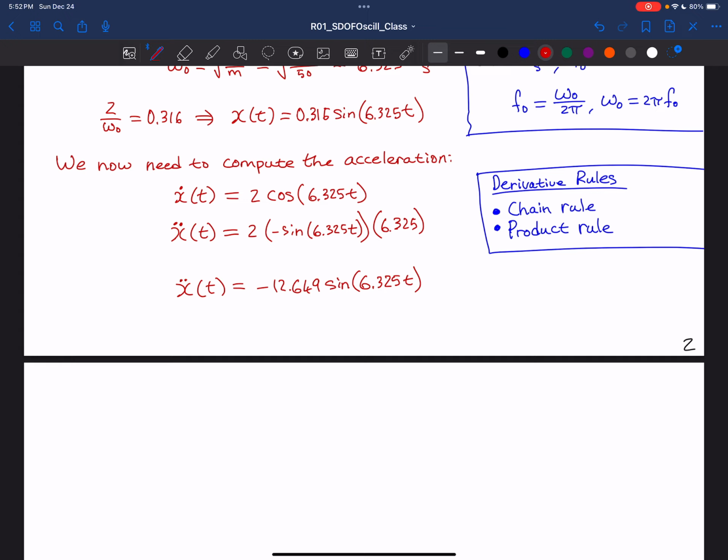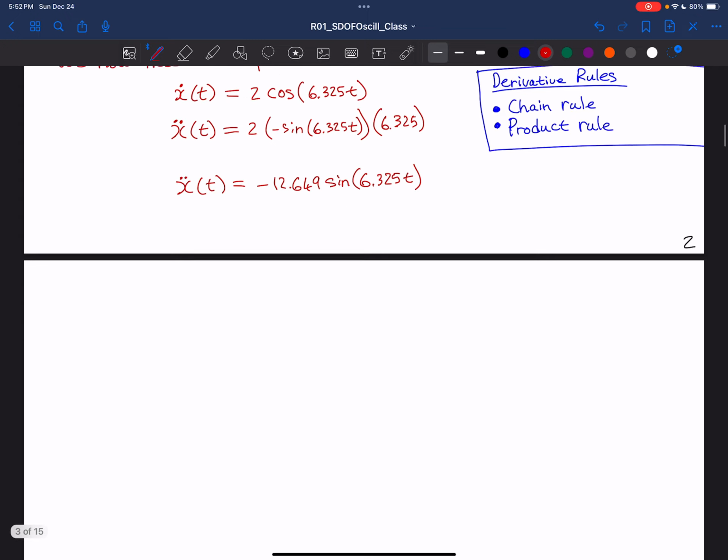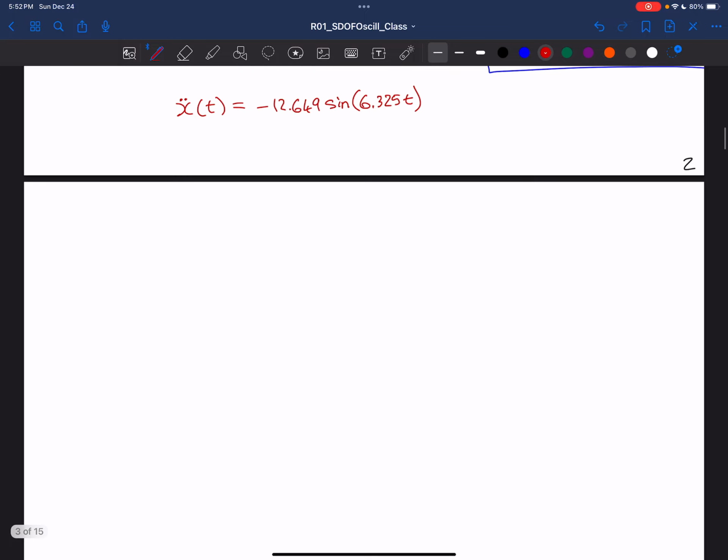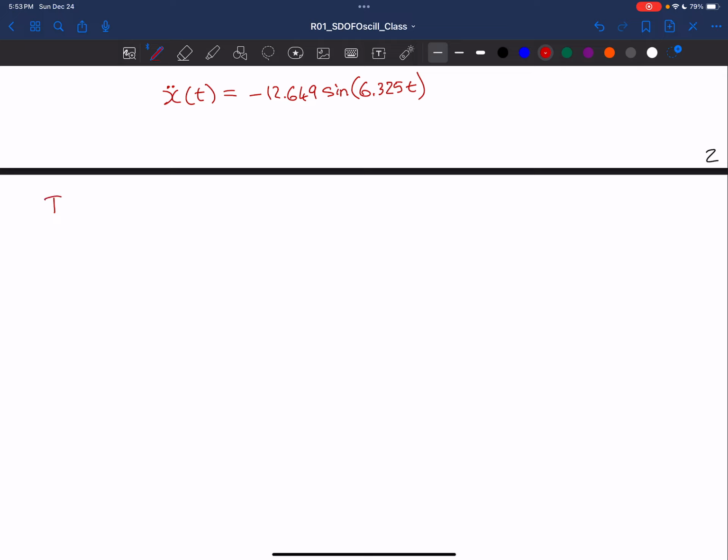Great. So now that we have the acceleration, we're interested in finding the maximum acceleration. We have two approaches to doing that. So here we're going to say to find the maximum acceleration, we have two choices.